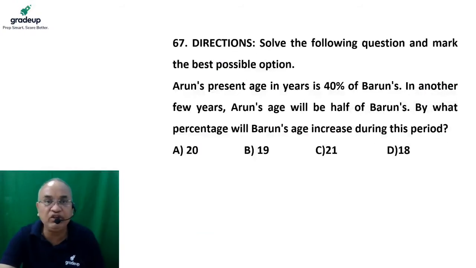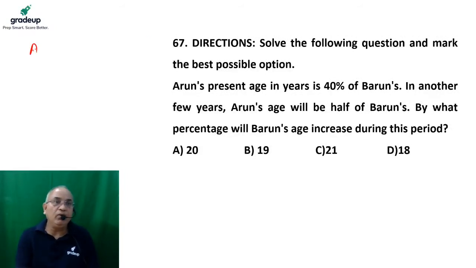The first question is a very easy one. If this variety of questions appears in CAT, then it is very easy to score 99 percentile if you can solve 25 questions. Arun's present age in years is 40% of Varun's.